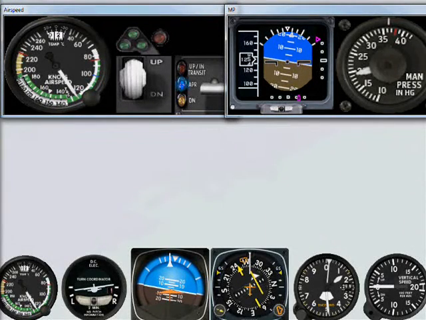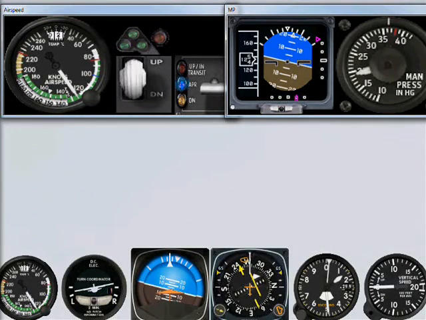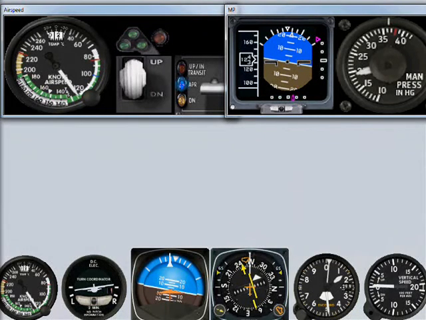Maintaining the pitch attitude at 0 degrees, the airspeed slows and stabilizes at 120 knots while we turn onto the localizer.